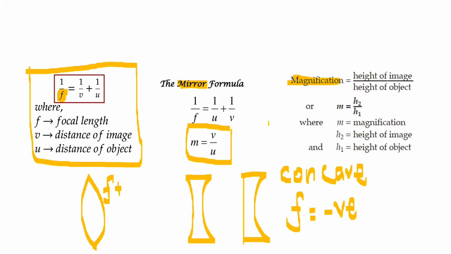So two formulas: either use distance of image divided by distance of object, or height of image divided by height of object. Clear? So these are the formulas for the lens and the mirror. Hopefully you're clear.